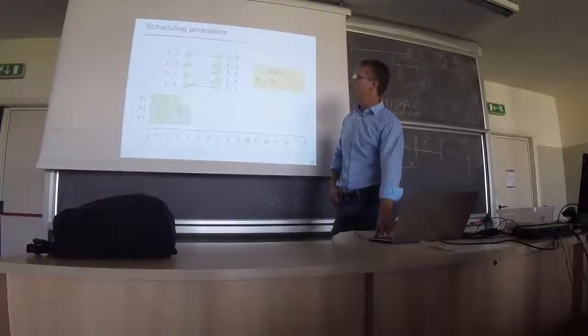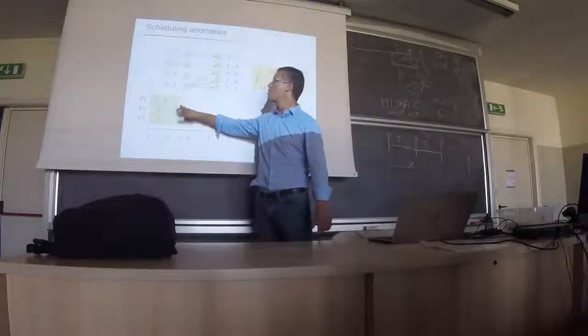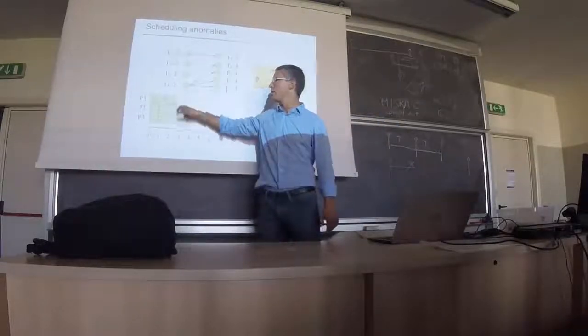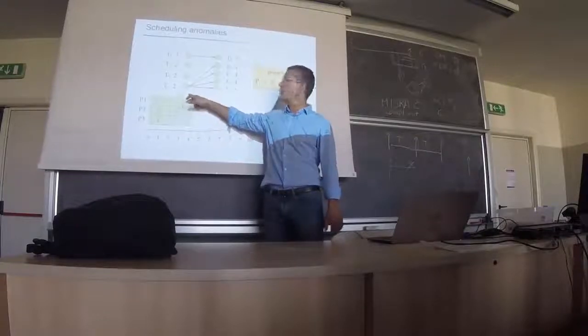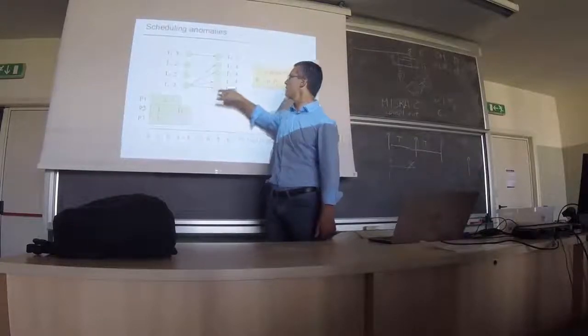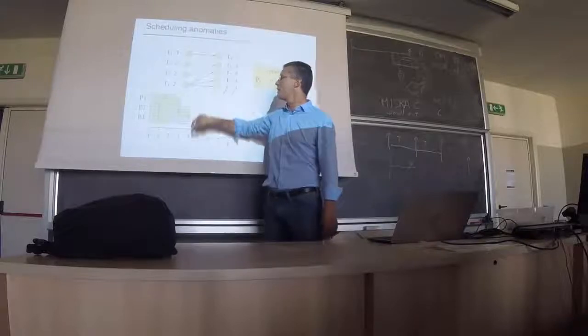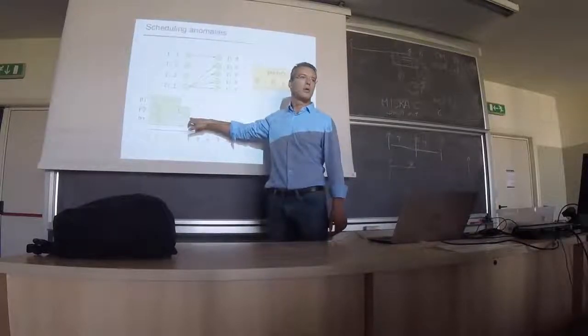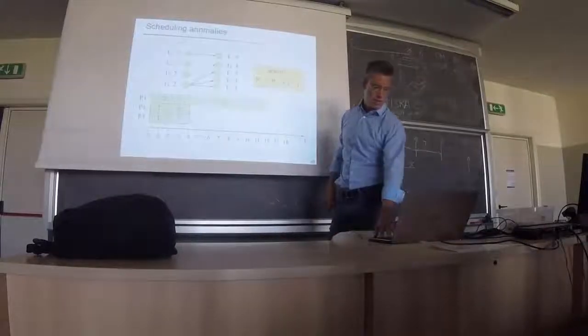What do I execute next? 4. Can I execute 9? Not until I reach the end of Tau 1. Can I schedule 5, 6, 7, 8? Not until I reach the end of 4. So this is essentially your schedule.